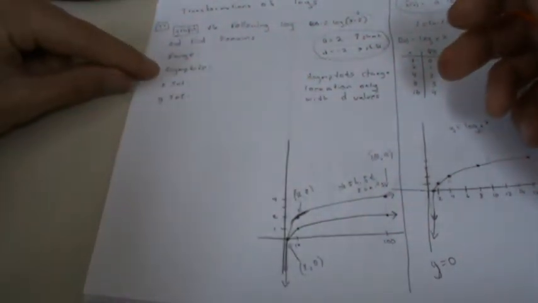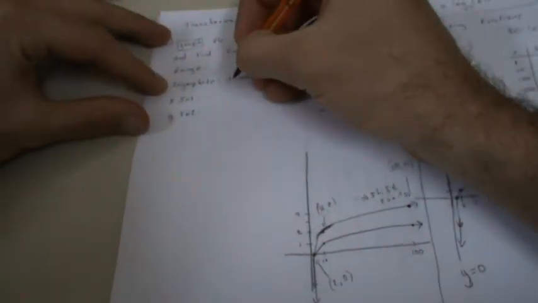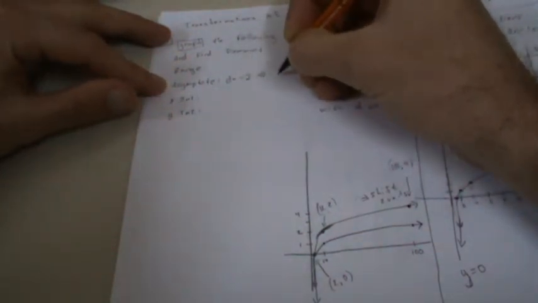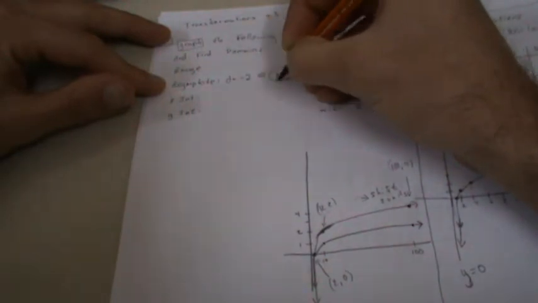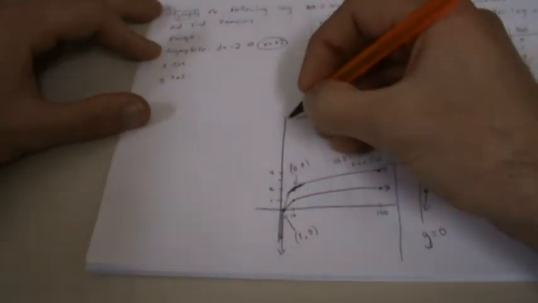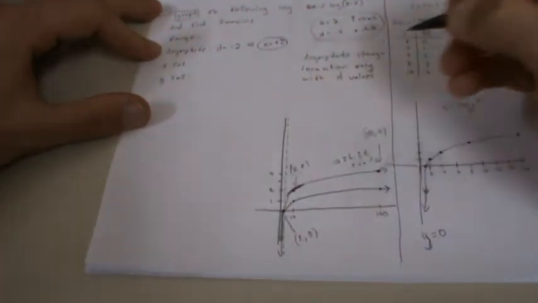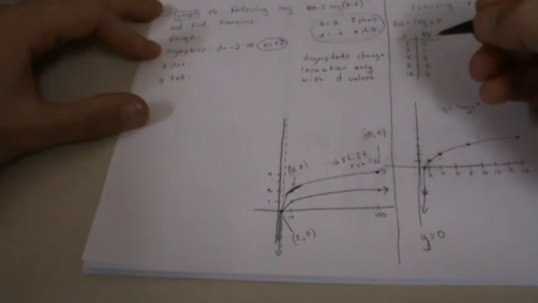And so, since my d value is -2, my asymptote is at x equals +2, because note that my new asymptote has been shifted over 2 spaces. Alright?